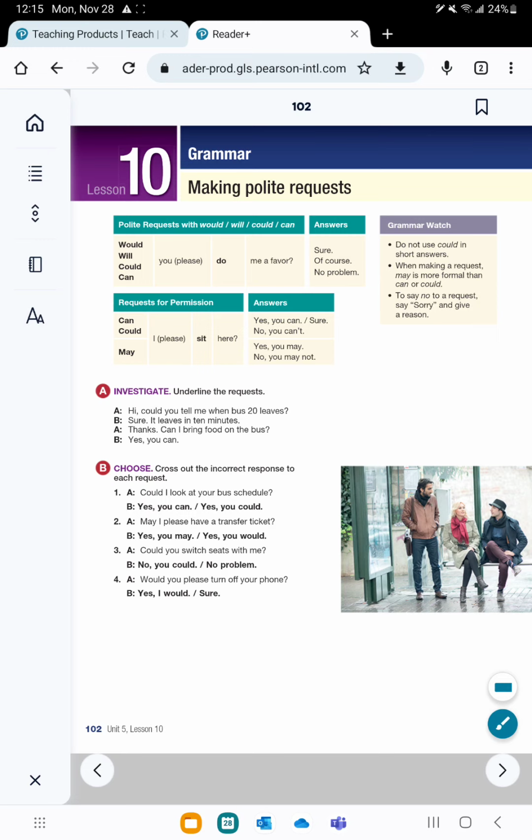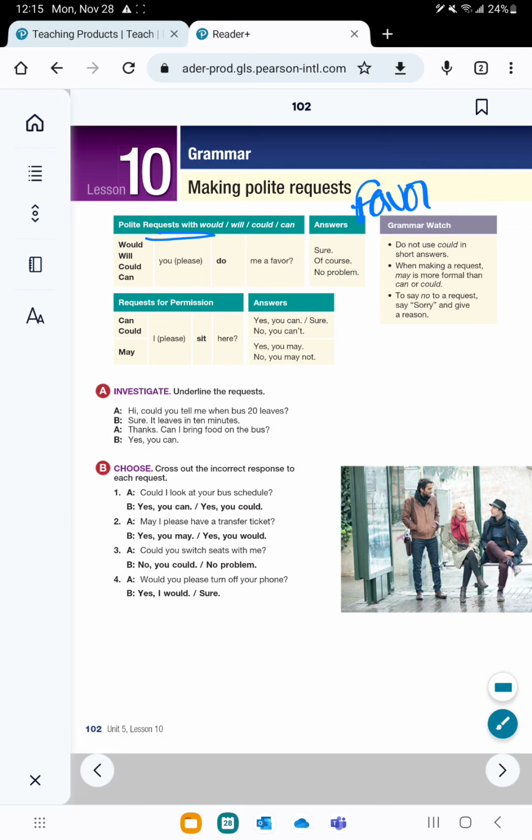Okay, and now let's look at polite request. So remember, the polite request is a favor. We want someone else to do something for us.